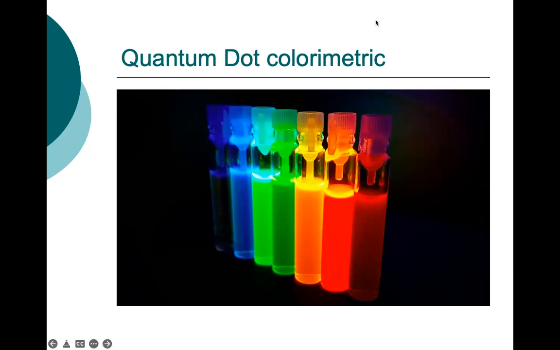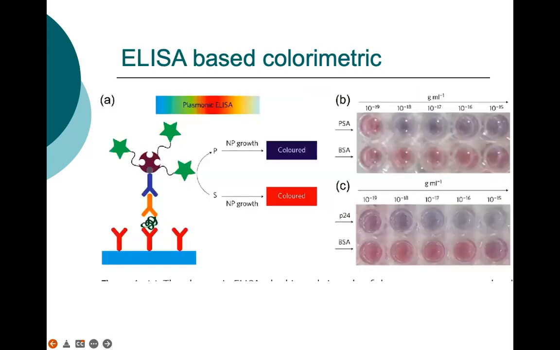Okay, right. Apart from this one, these utilize metal nanoparticles. In this case, gold nanoparticles, sometimes silver nanoparticles. Okay, so one thing about colorimetric, it has to be really optimized to make sure that it can detect very low concentrations.